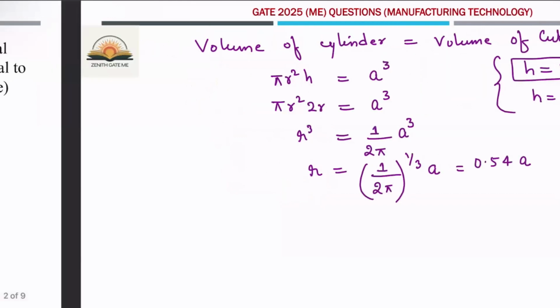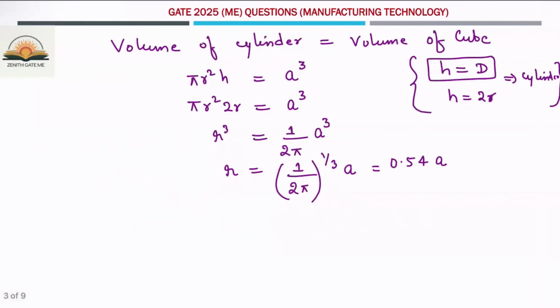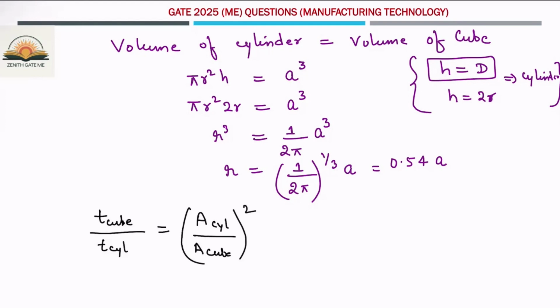So from the first equation, the solidification time of cube to the solidification time of cylinder is nothing but area of cylinder divided by area of cube whole square.